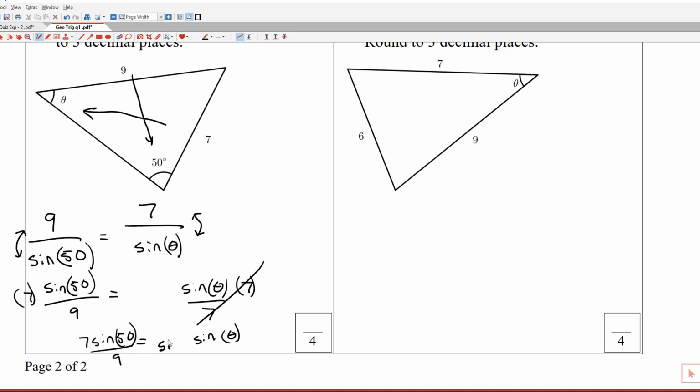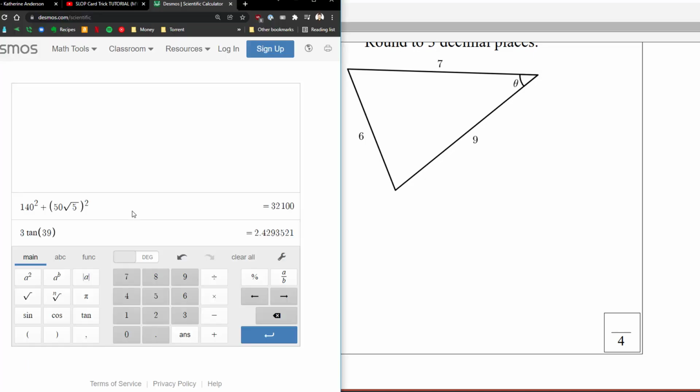The way that you do that is you take arc sine. Arc sine is sine to the -1, or you can actually spell out ARC SIN. If I take arc sine of the left, I must take arc sine of the right, both sides, and arc sine and sine cancel each other out, and we get theta by itself. Theta is equal to, and I have to punch all of this into the calculator and round to 3 decimal places. So I'm not going to box that because it does want me to round here.